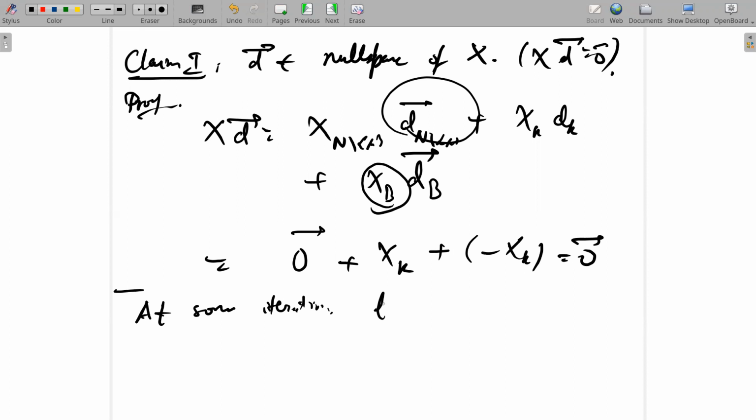There must be a first point where it was not there and it entered, and when you cycle back, there must be a point where it was introduced. So at some iteration, L will re-enter the basis. This is just shorthand for saying the column A_L will re-enter the basis.